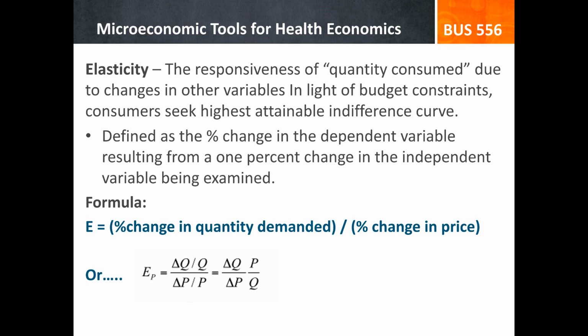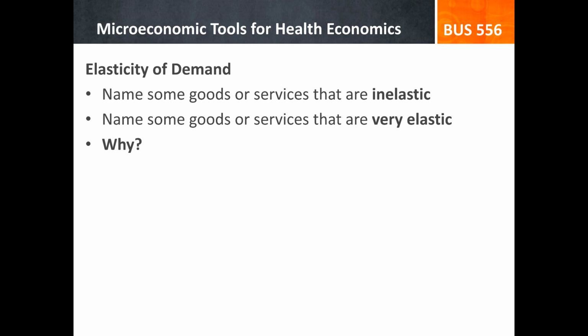The reason they could increase the price is because regardless of the price, people are going to buy it. On top of it, insurance lowers the price for the consumer, so they're going to demand it more than they already would, even though the price goes up. So this elasticity portion is a very important part of the course.